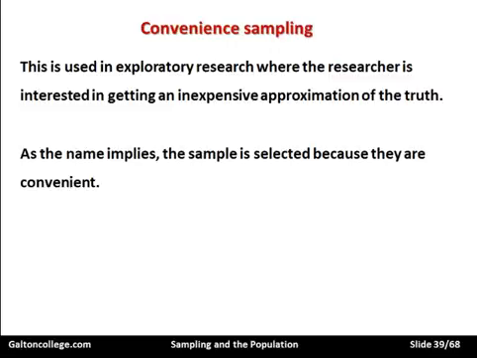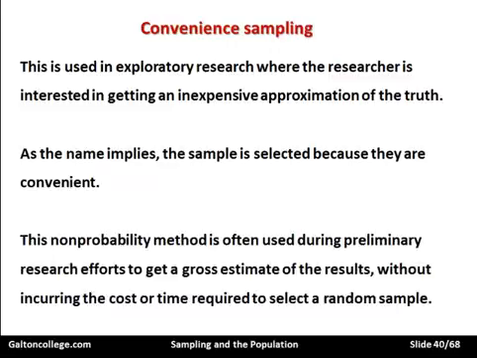As the name implies, the sample is selected because they are convenient. It's a non-probability method, often used during preliminary research efforts to get a gross estimate of the results without incurring the cost or time required to select a random sample.